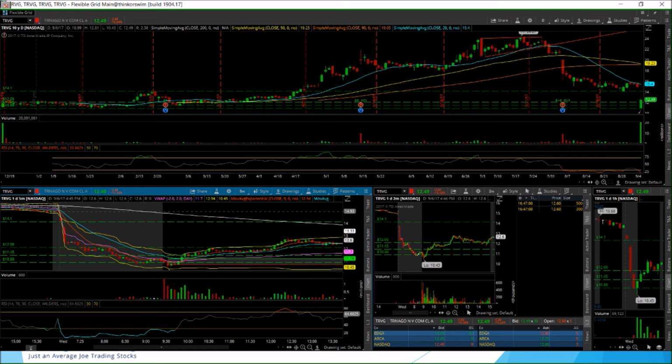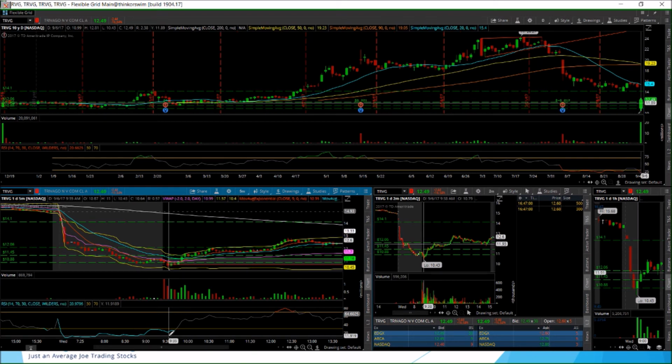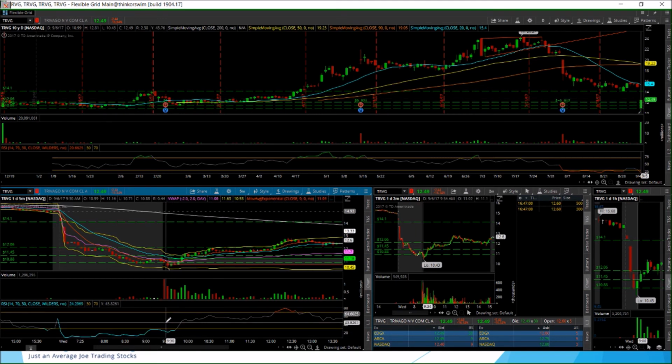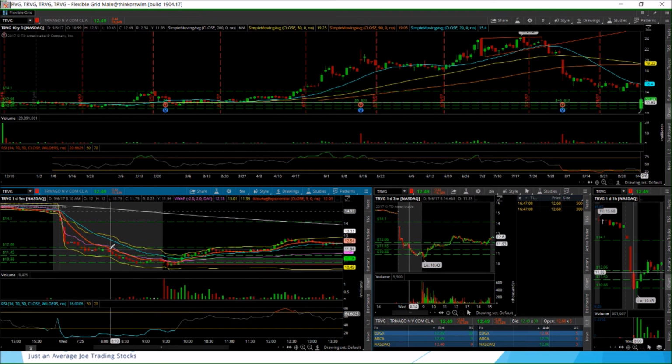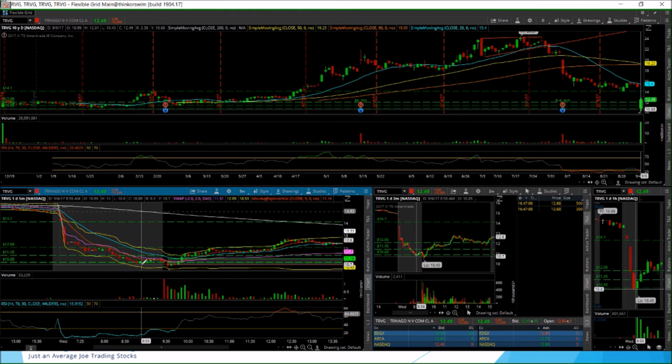Likewise, if I'm going long and it's over 80, I'm not going to take it, because I think the upward potential is going to be restricted.